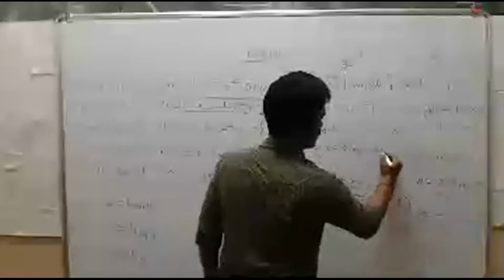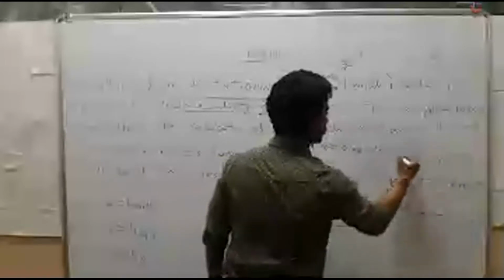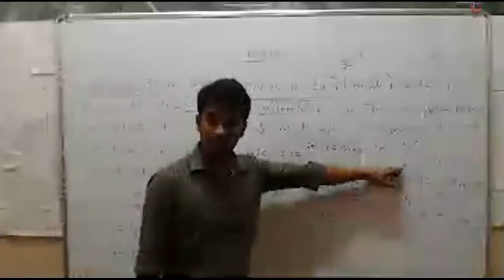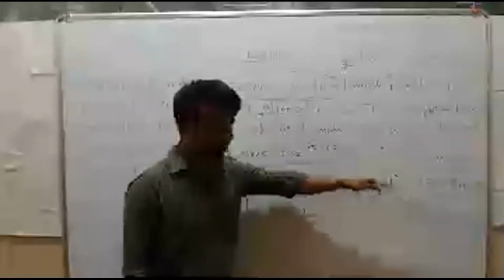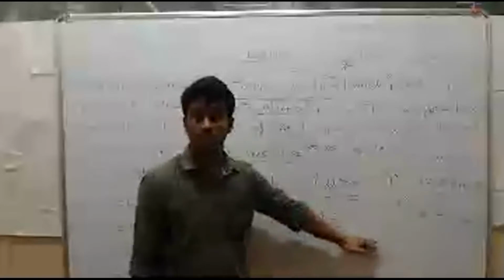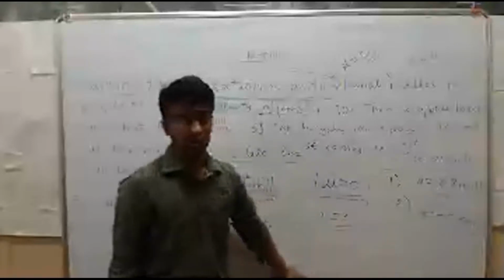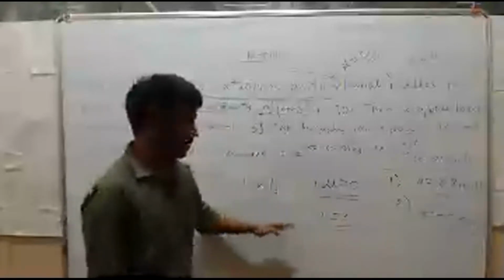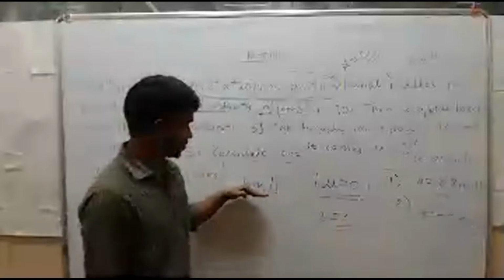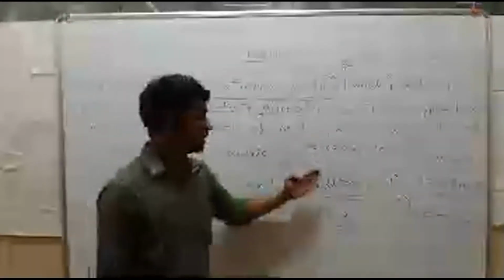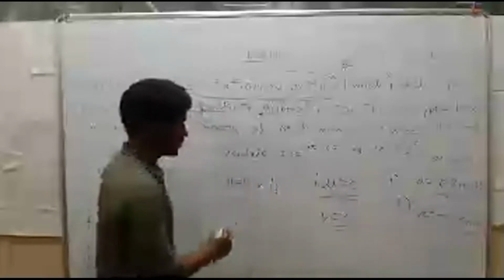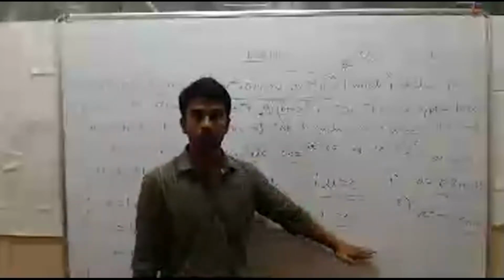Rest means what? 0, right? Finally, it comes to rest. At that time, you should take final velocity equal to 0. And that object is moving initially with 6 meter per second velocity, then it will come to rest. At that time, you should take initial velocity equal to 6 and final velocity equal to 0.